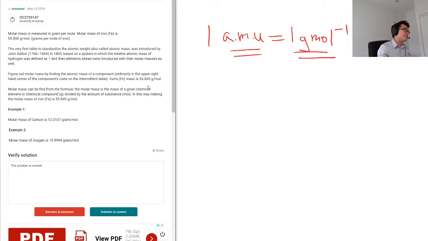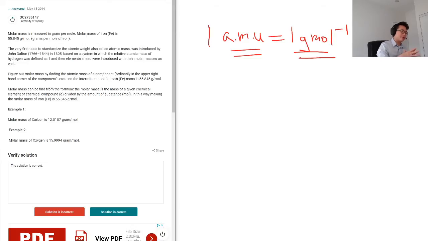For AMU, we are looking at one single atom. For molar mass, we are looking at the mass of 1 mole. And 1 mole of substance is equal to 6.02 times 10 to the power 23 particles. So for example, one iron atom equals 55.845 AMU, and 1 mole of iron equals 55.845 gram per mole.